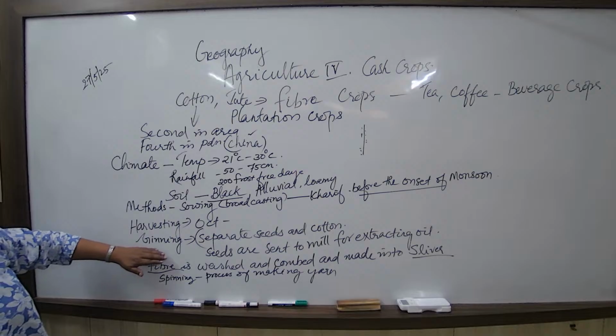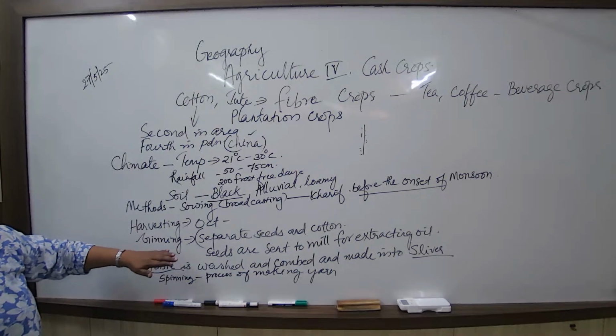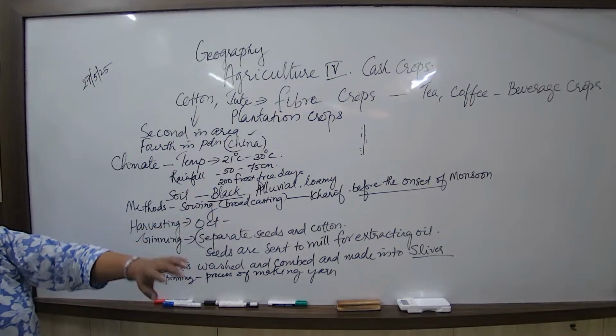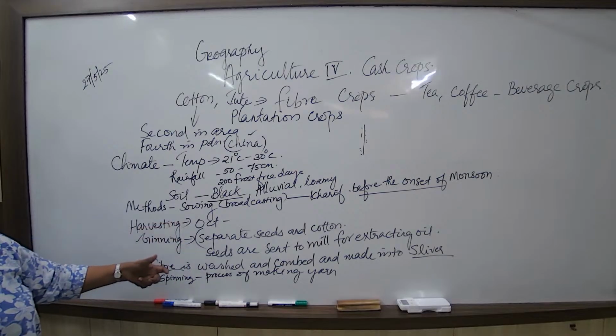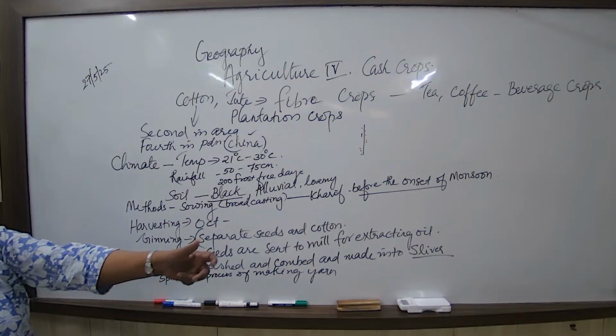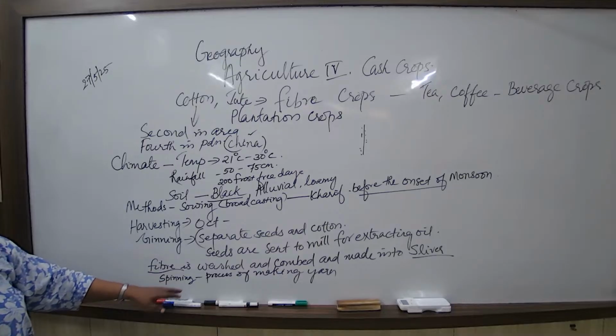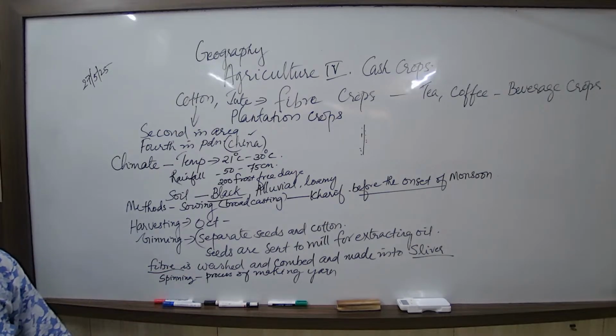After harvesting, the ginning process. After that, the seeds are sent to the mills to extract oil. Then the fiber is separated, washed and combed and made into sliver. Then it is given to spinning, the process of making yarn. Then the yarn is sent to the mills for making textiles. Got it? Which are the processes?